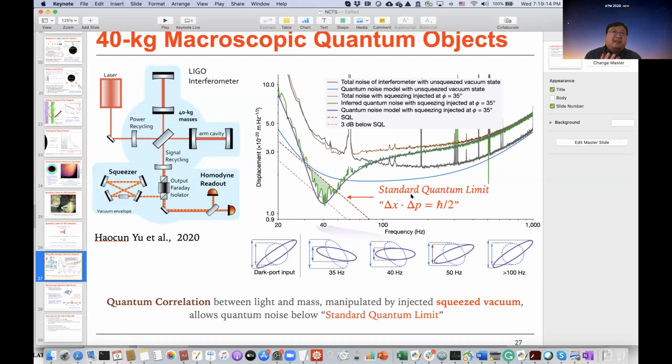So it does mean that the delta x times delta p of the test mass is not far above the h bar over 2. So it means that these macroscopic masses are actually moving in the quantum regime.